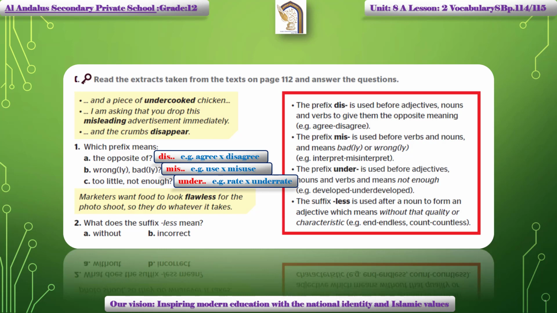Flaw and flawless. What does the suffix less mean? That's right, without. They want it to look flawless, without flaws. This means they want it to look perfect.